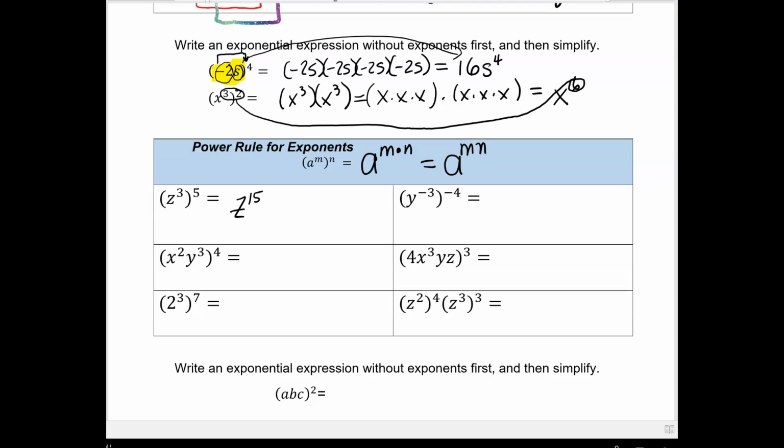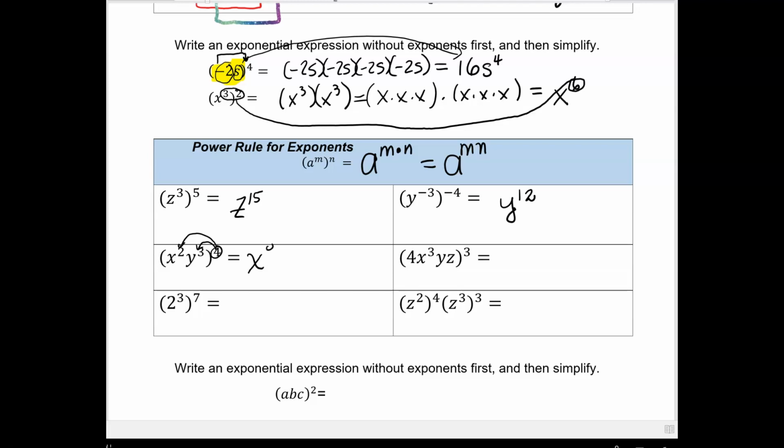Then we have y to the negative third to the negative fourth power. That would be y to the 12th power, because a negative 3 times a negative 4 is positive 12. Moving on, we have x squared, y cubed, all to the fourth power. So here we're going to multiply the 4 times the 2, and we're going to multiply the 4 times the 3.